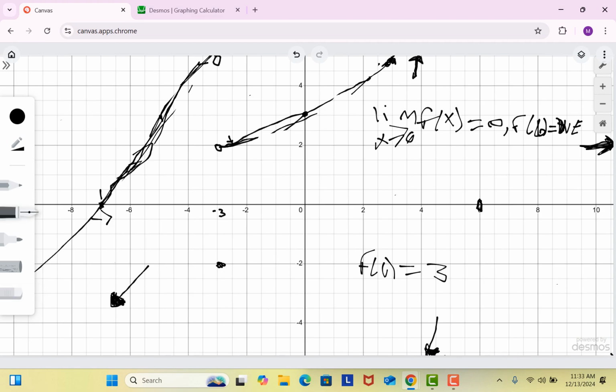Next, oh yeah, we can't forget the value of when x is 4. We're going to erase this. If you don't remember our given for when f of 4, it equals 2.